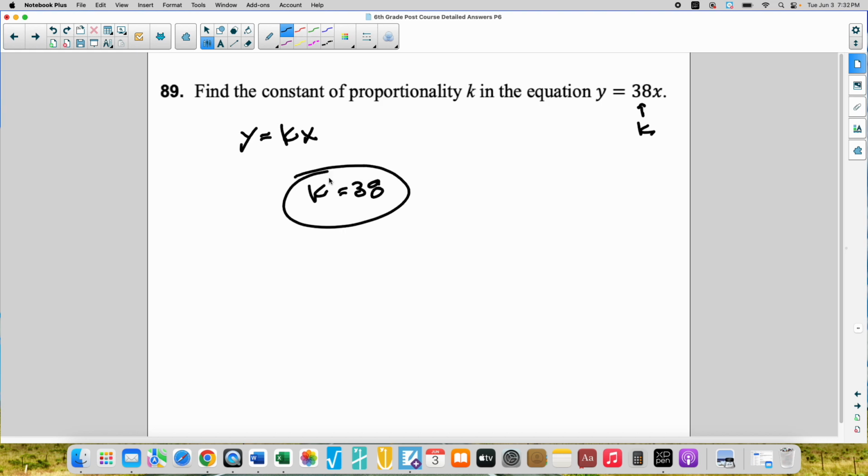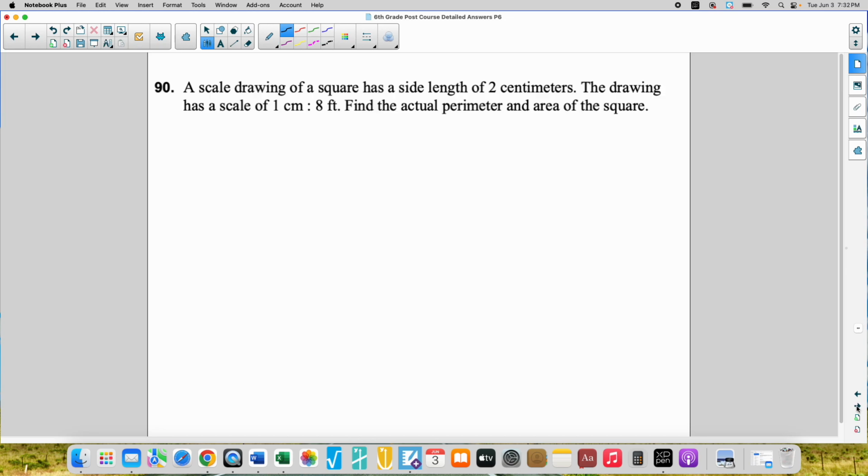And if it is inversely, it would be y equals k over x. X would be in the denominator. So that's an interesting one. Direct proportion or direct variation varies directly or inversely.